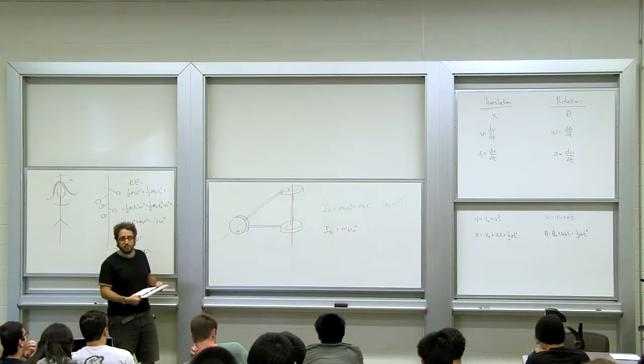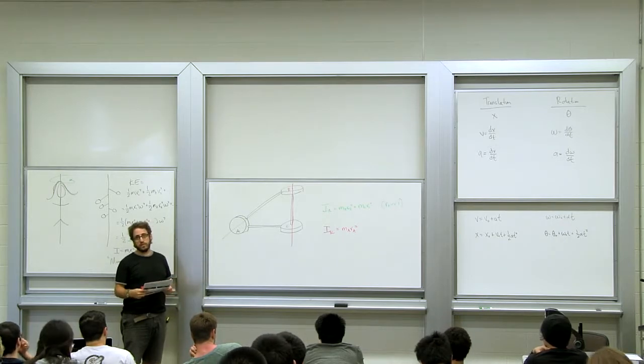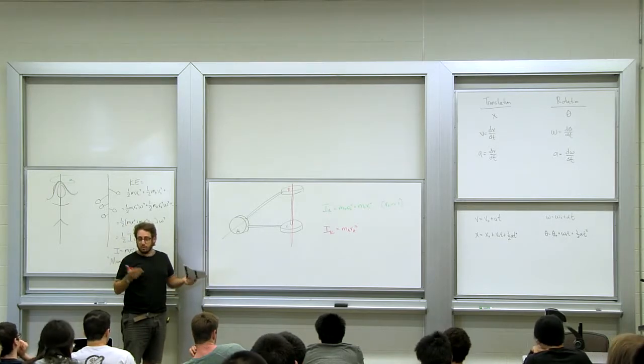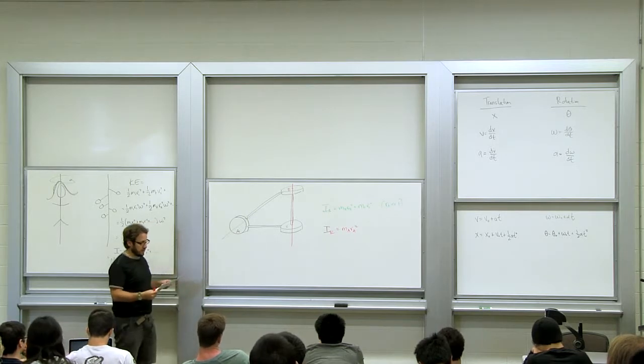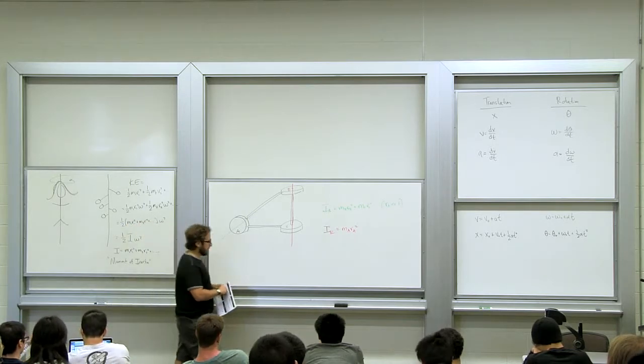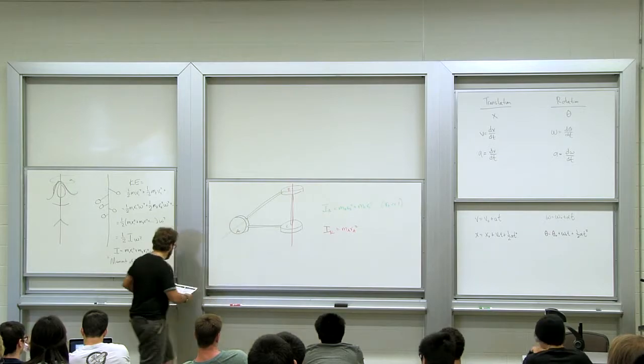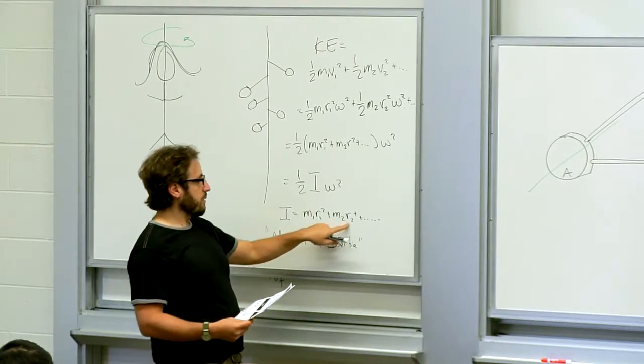So the axis you choose makes a difference in the moment of inertia. And that makes sense. Rotating something in one direction can be easier or harder than rotating in another direction.